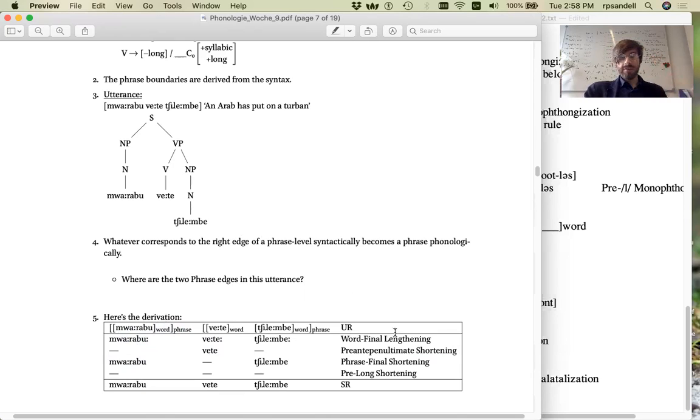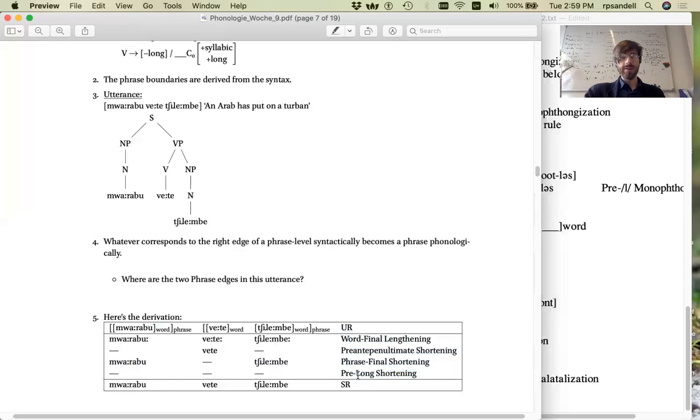The next process, the phrase final shortening, then has the effect of shortening the vowels that were made long by word final lengthening in the first word and last word of the sentence. The long u here is at the end of a phrase and so becomes a short u. The long a here at the end of chirembe becomes short.